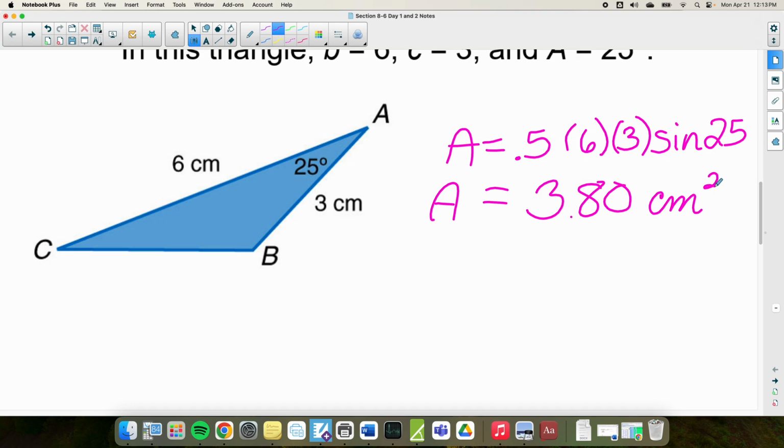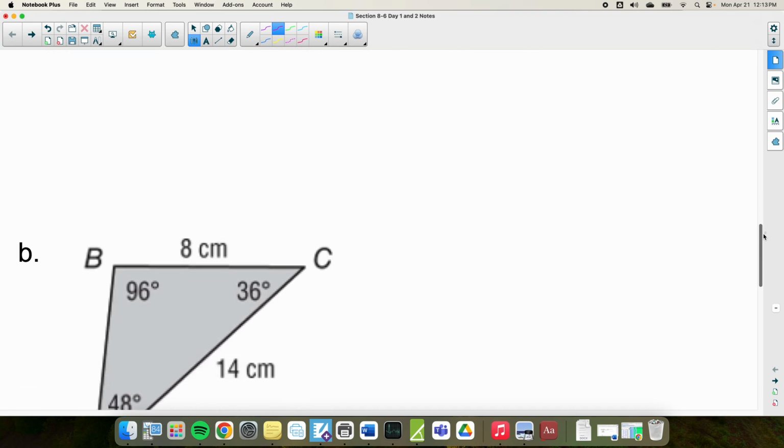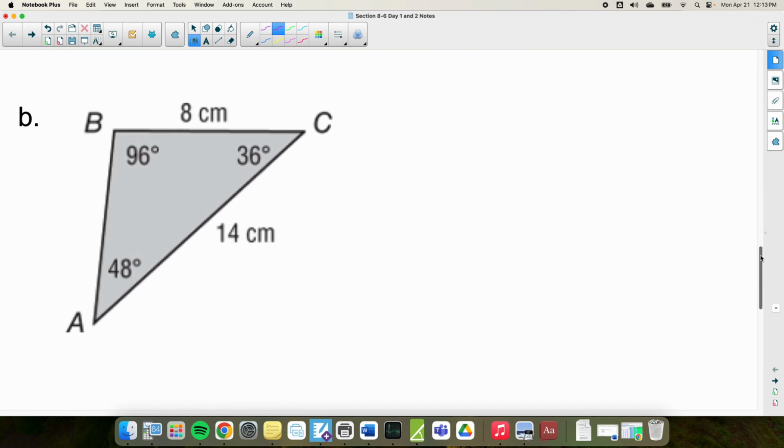Now, sometimes they won't just give you the two sides and the included angle, they'll give you more, like in this problem right here. What you would have to realize here is you always use two sides and the angle in between the two sides.